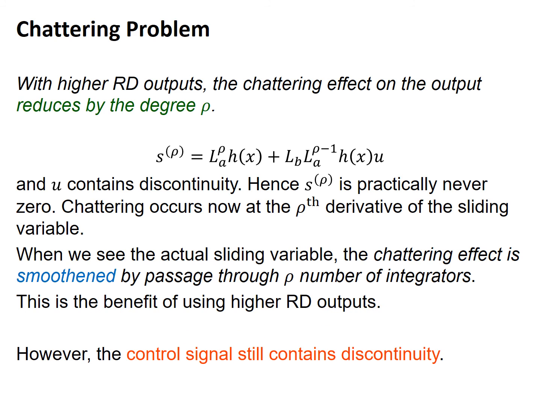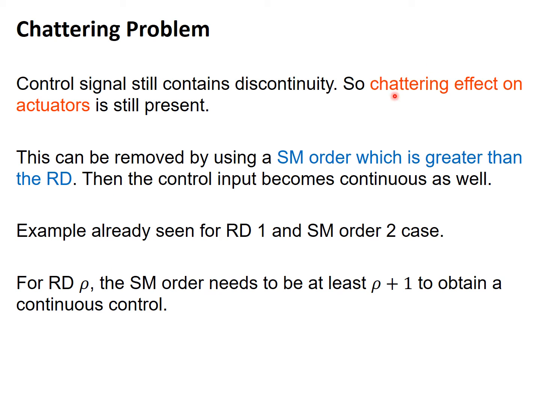But the concern is that the control signal still contains the discontinuity. U contains the discontinuity. So the chattering in the control signal is still present, or the actuator is still facing the chattering problem. How to remove that chattering?